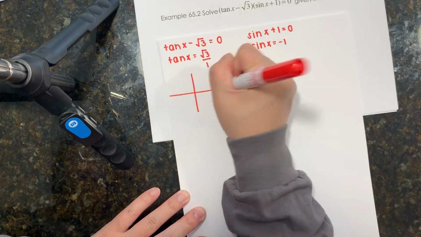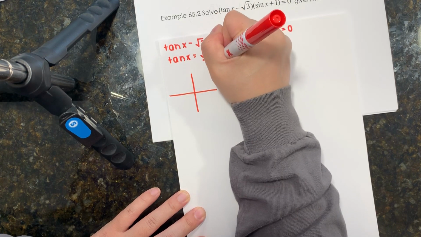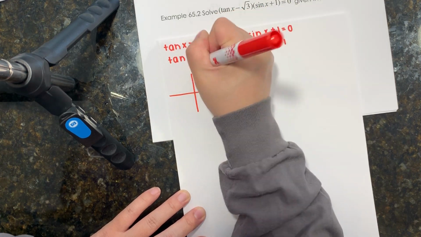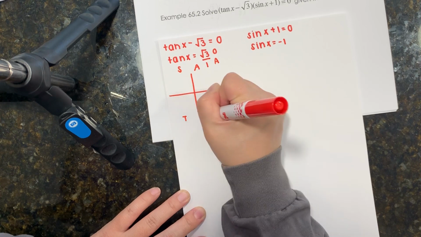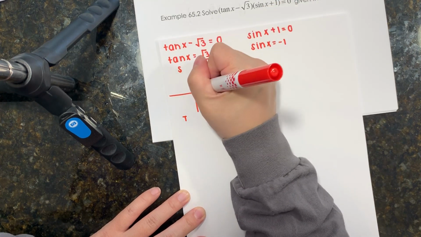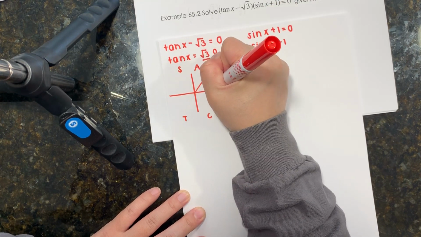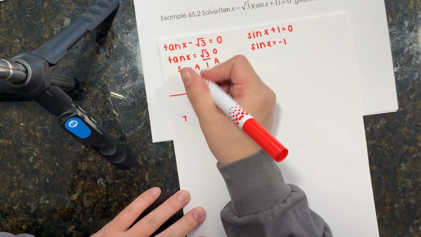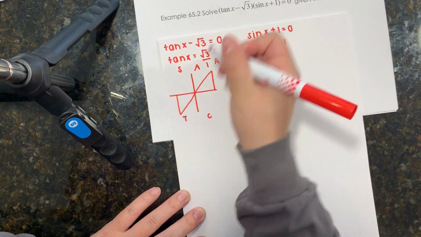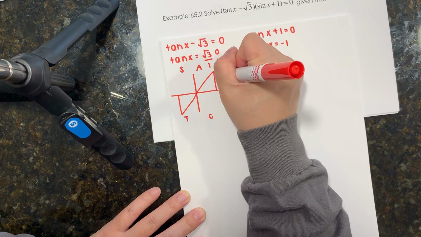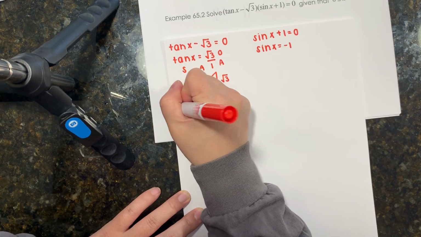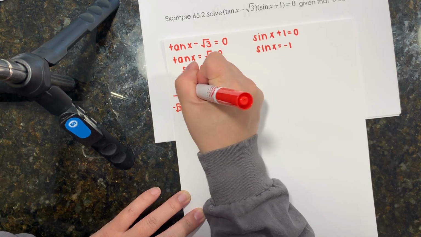And I need to identify, where is tangent going to be positive? All students take calculus. Everything is positive in quadrant 1, and then tangent is positive in quadrant 3. Label your sides as opposite over adjacent, opposite over adjacent.